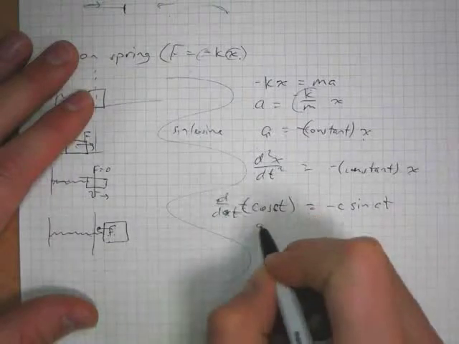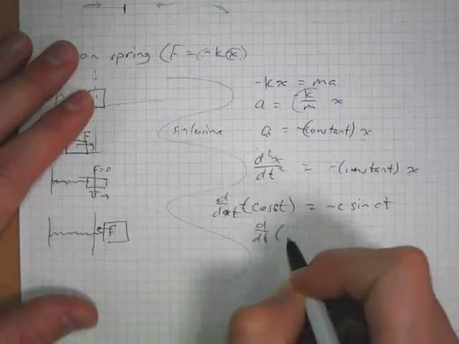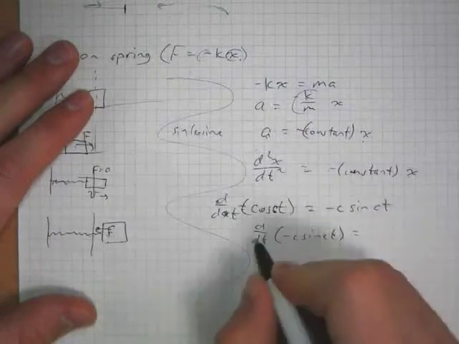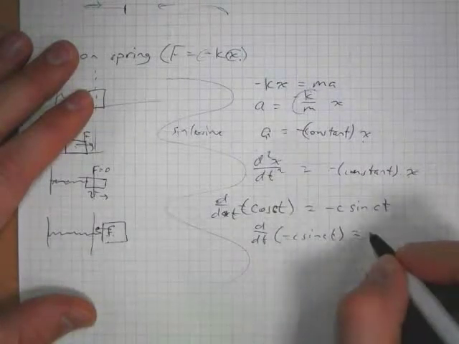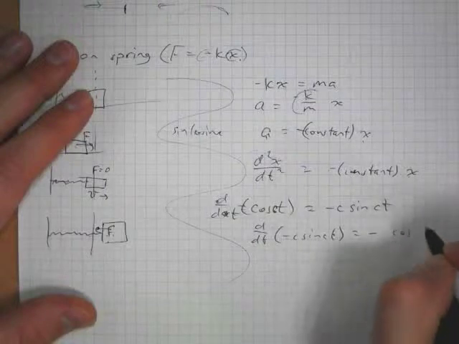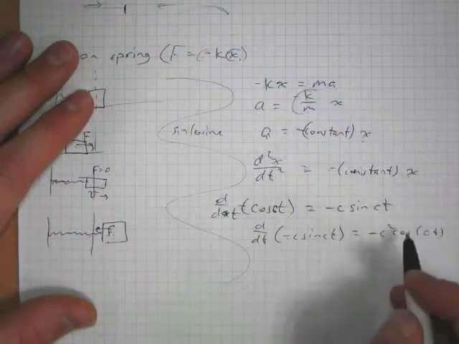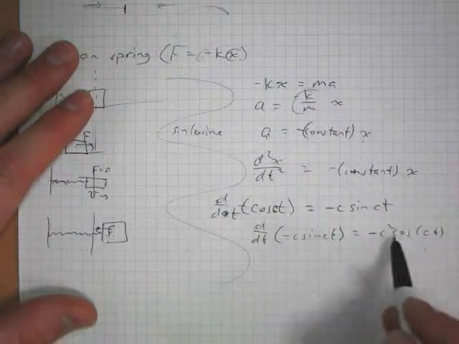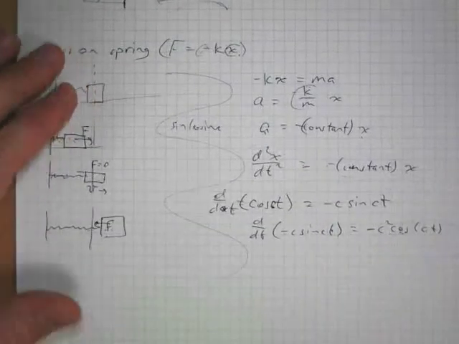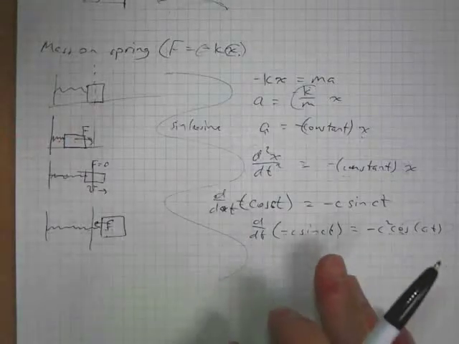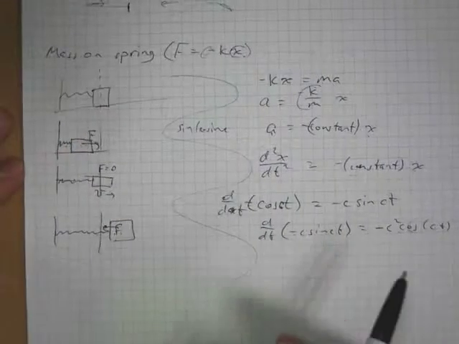And if we go d by dt of that, the derivative of sine is cosine, and then the chain rule pops out another factor of c. And so we have some constant times our original function. That tells us it's going to be a sine or a cosine function.